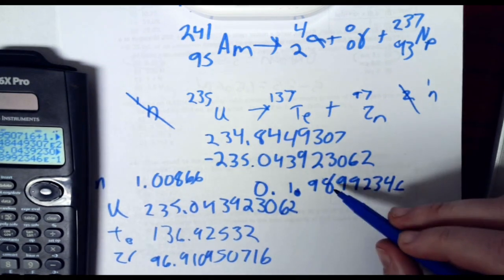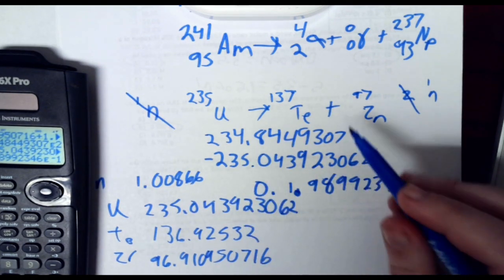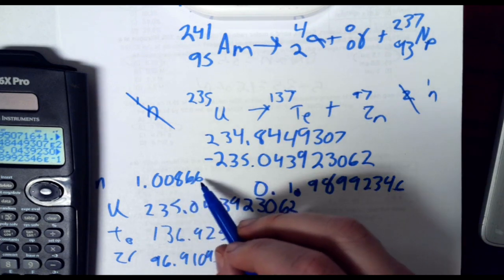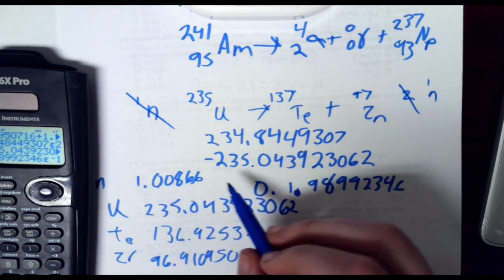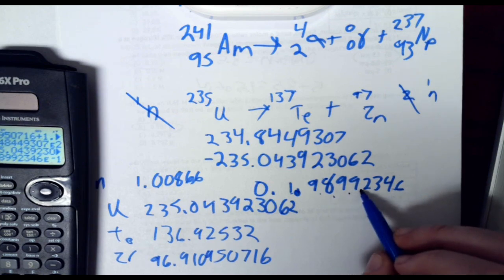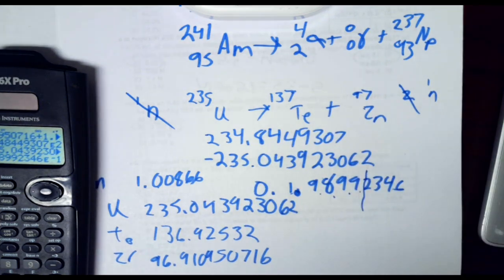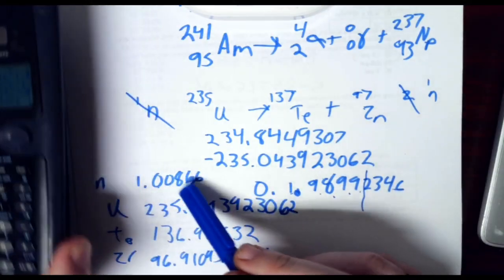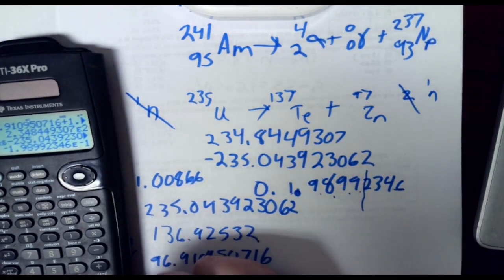We can probably round at this point. Let's see. The lowest number was 1, 2, 3, 4, 5 sig figs. So we're going to round there. 0.19899.